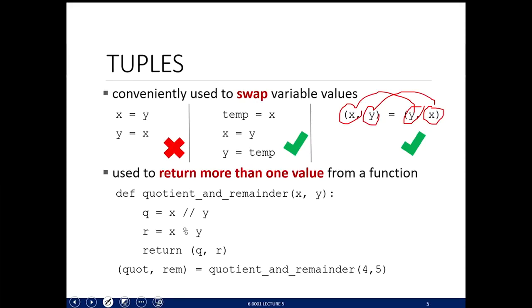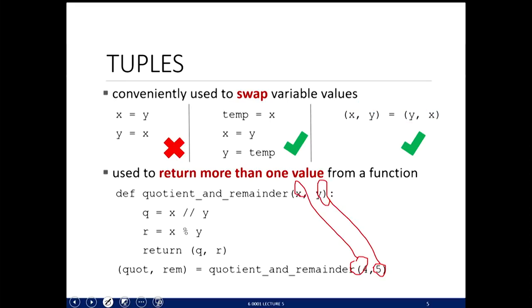So this is a function definition here. And down here, I'm calling the function with 4 and 5. So when I make the function call, 4 gets assigned to x, and 5 gets assigned to y, right? So then q is going to be the integer division when x is divided by y.